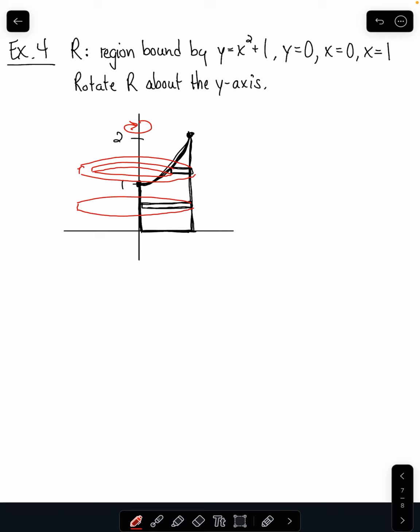So we're going to have to split this into two different regions. We're going to have to do one region when the y values go from 0 to 1, and then a second region where we will have to use washers when y is between 1 and 2.